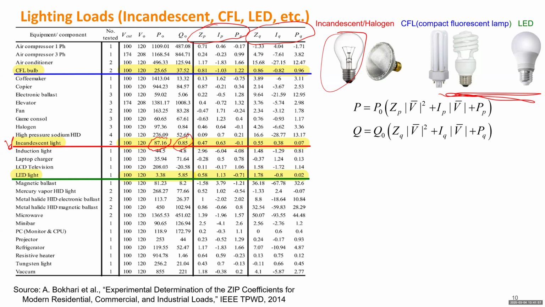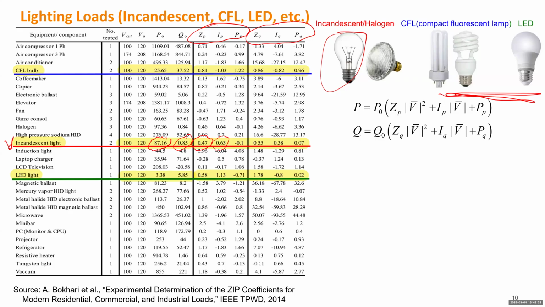That means for the old type of light, the active power is the majority, and it doesn't use much reactive power, very little. For the active power, the constant impedance component is almost 0.5, constant current is 0.6. So it's pretty much something between constant impedance and constant current, and the constant power part can be ignored.